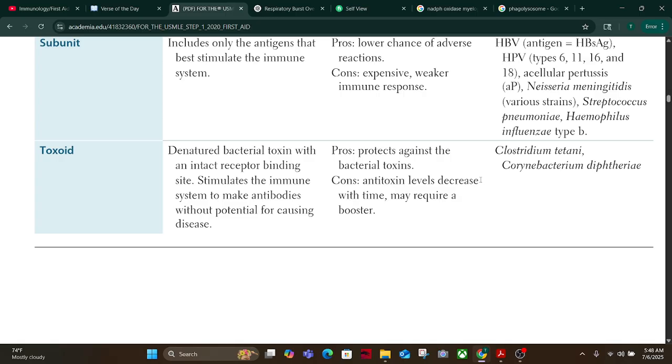So basically, this bacterial toxin is heated up so the toxins cannot harm the patient, but the antibodies will still be made.